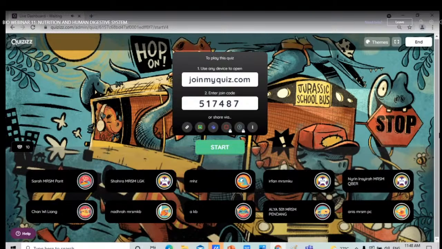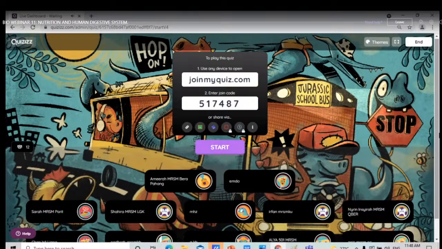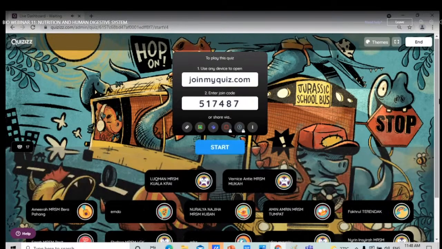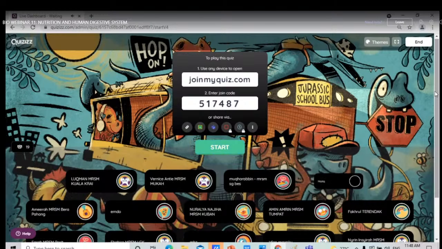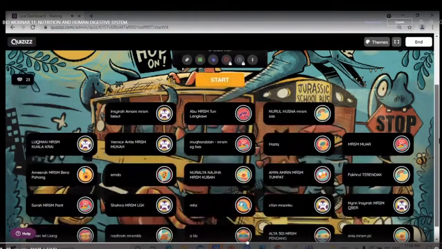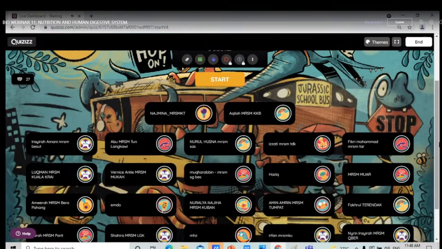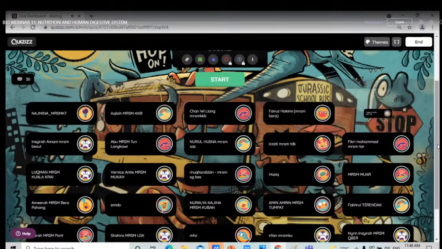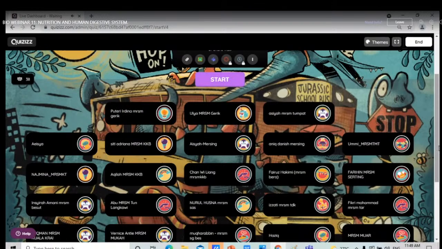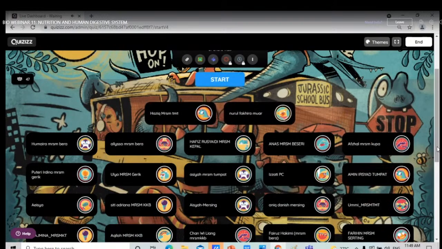Irfan MRSM ku. Mana MRSM Betung ni? Mukah ada wakil, Langkawi ada, Muar ada, Izzati MRSM. Guna nama pendek ni cikgu tak mesti nama penuh MRSM.